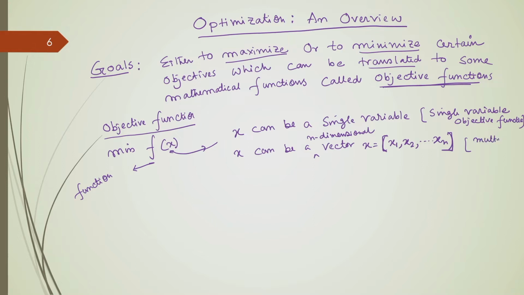So, depending upon what x is, we have two different kinds of optimization problem, either a single variable problem or a multivariable problem, but most practical engineering problems are multivariable optimization problems.